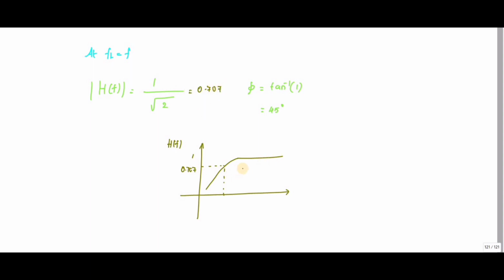At 0.707 you will get F equal to FL. This is about the magnitude, and if I draw for the phase, that is phi, it starts at 90 degrees and you will get a curve like this. So at F equal to FL, you will get 45 degrees.